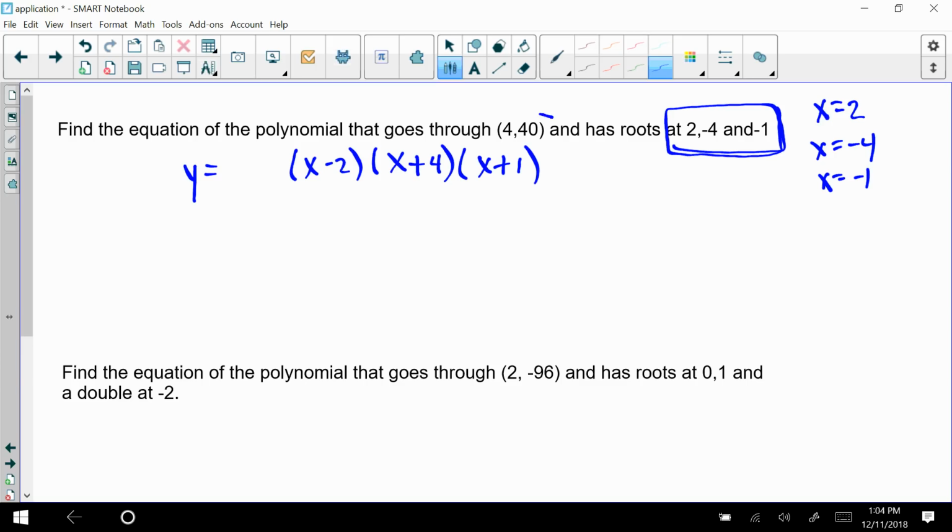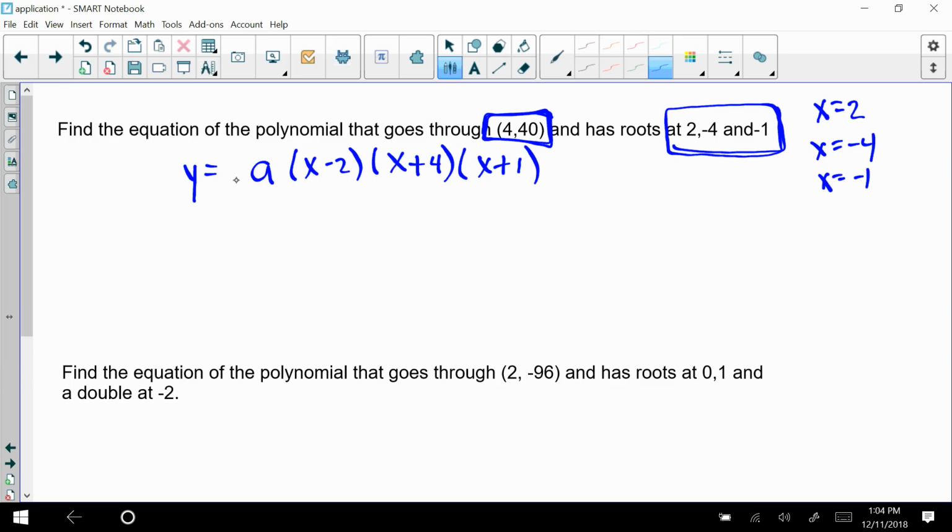If you don't have another point that your graph goes through, all you can do is assume this equation. But as soon as you're given another point in the problem, that's your indication that you need to find out if there is a stretch or a compression.